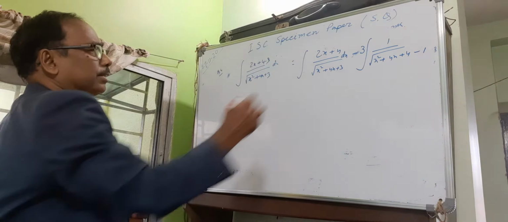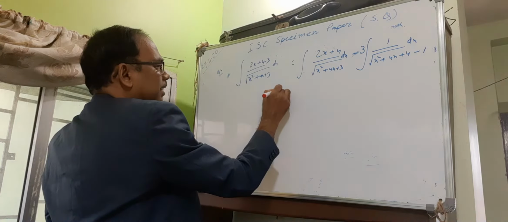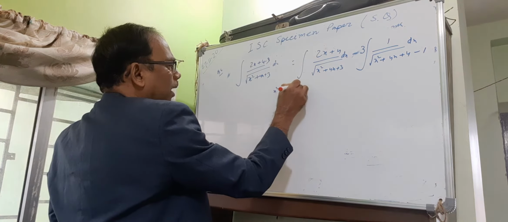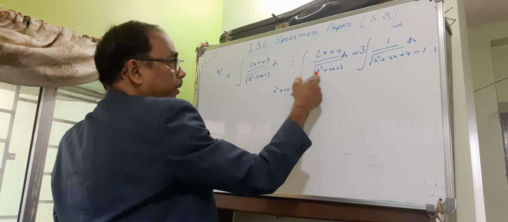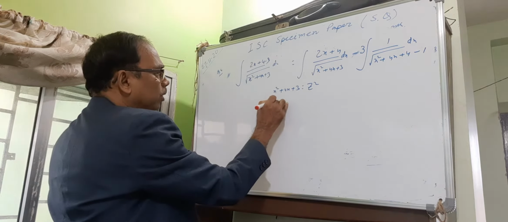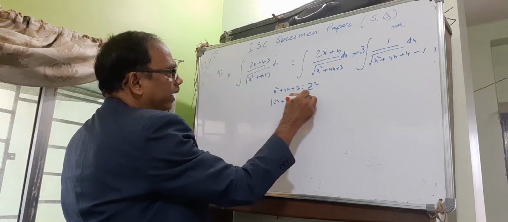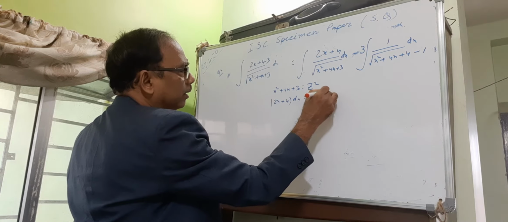You can write this dx. Now put x square plus 4x plus 3 equals z square, because it is square root. That's why we write z square. Now differentiating, 2x plus 4 dx equals 2z dz.